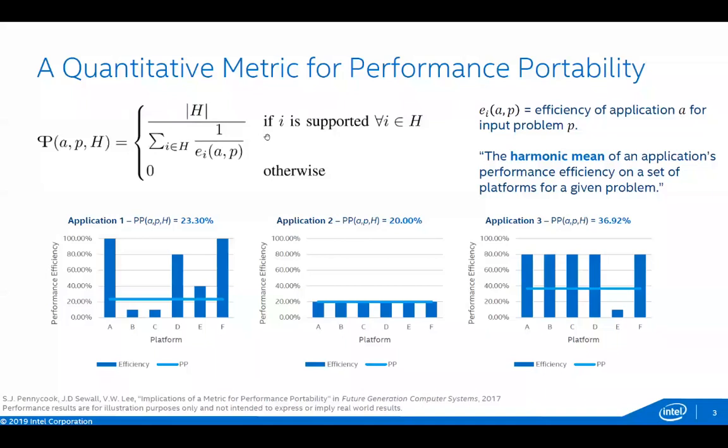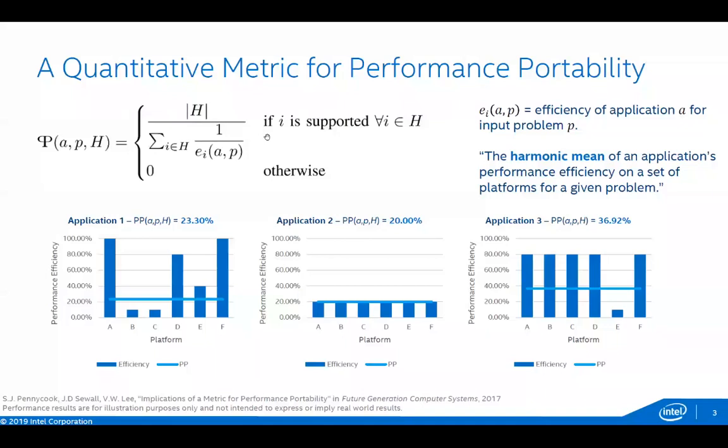So from a user perspective, it shows that actually computing performance portability relative to a set of platforms that you care about is actually really important. So if you knew that you needed to support platform E, then the performance portability is 37%. If you know that platform E is a platform you don't care about, it's something you're never going to buy or it's not available at your facility, then you can actually remove platform E from your platform set, recompute performance portability, and end up with a score of 80%.